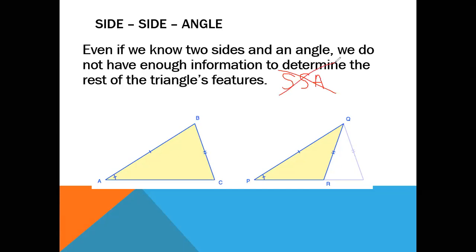So this is not allowed, all right? It's not allowed. I mean, not just because it makes a bad word, it doesn't work mathematically, but the way students remember it is you should never write a bad word forwards or backwards on your math test. So the bad word doesn't count. Here you have an angle, side, side. So you have an angle and a side, okay? And that does not work.